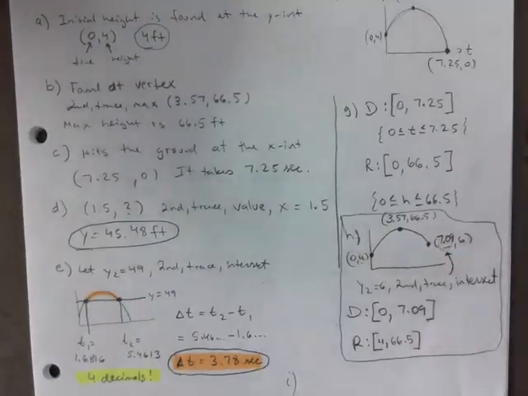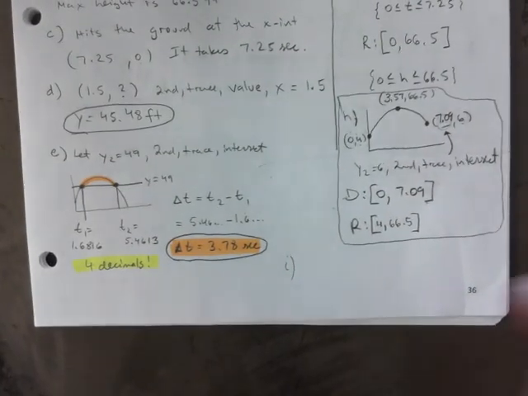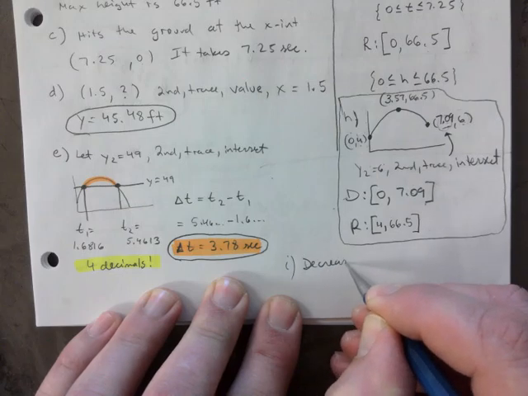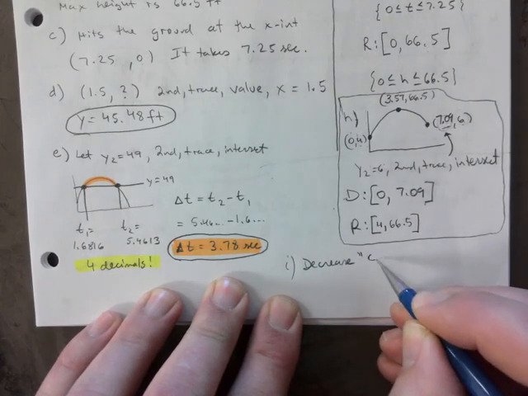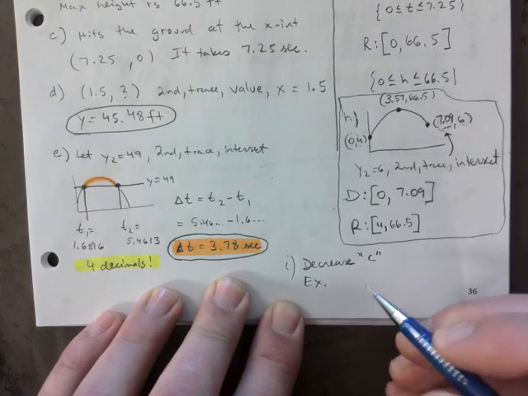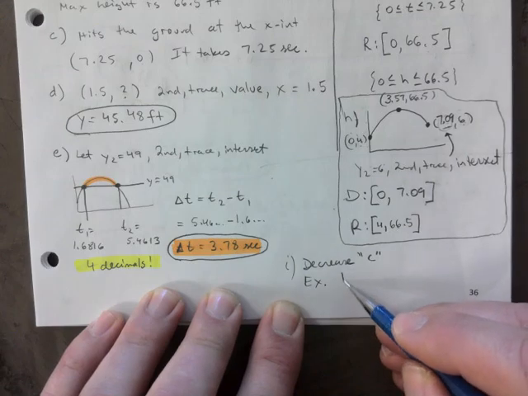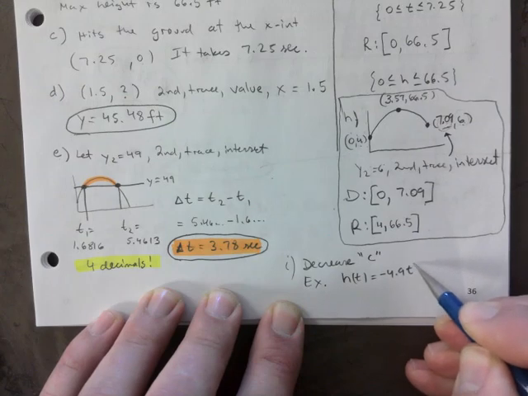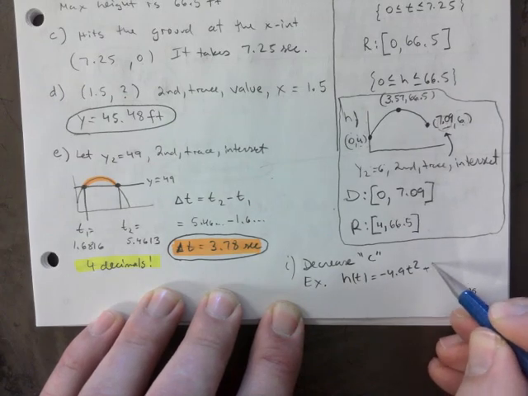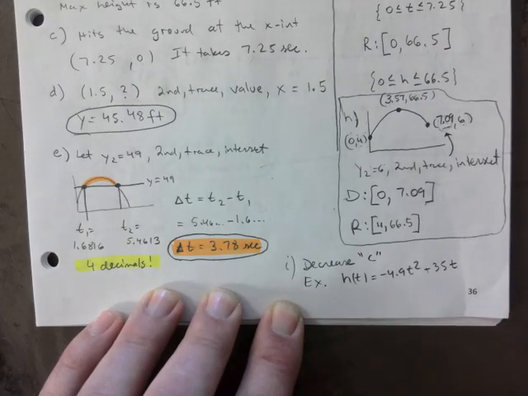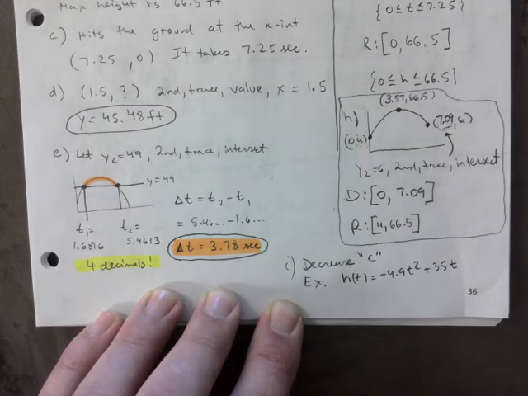So go to your notes. And so you will say decrease the value of C. Right? So one example could be h of t, I will copy everything except the last value. So you could go 3.99, you could go 3.